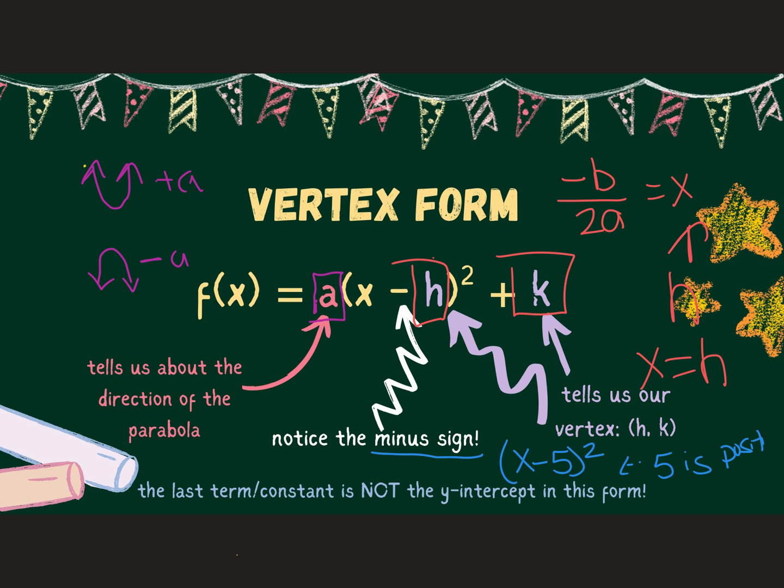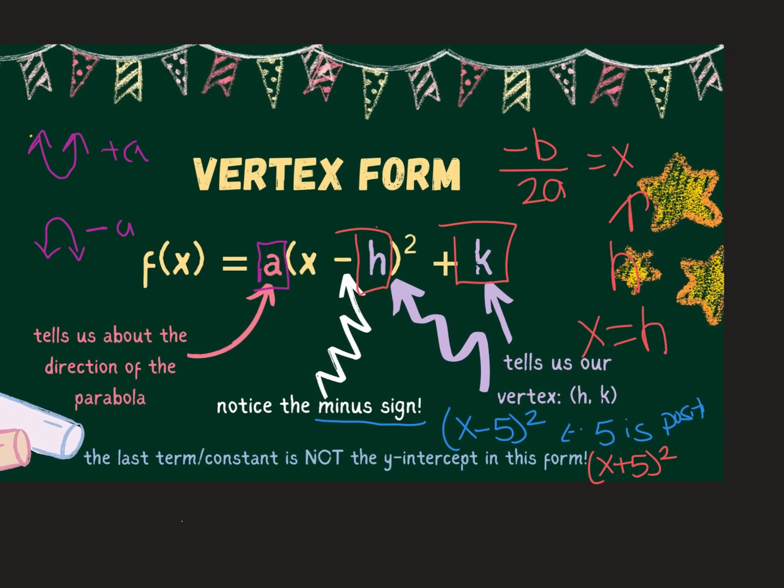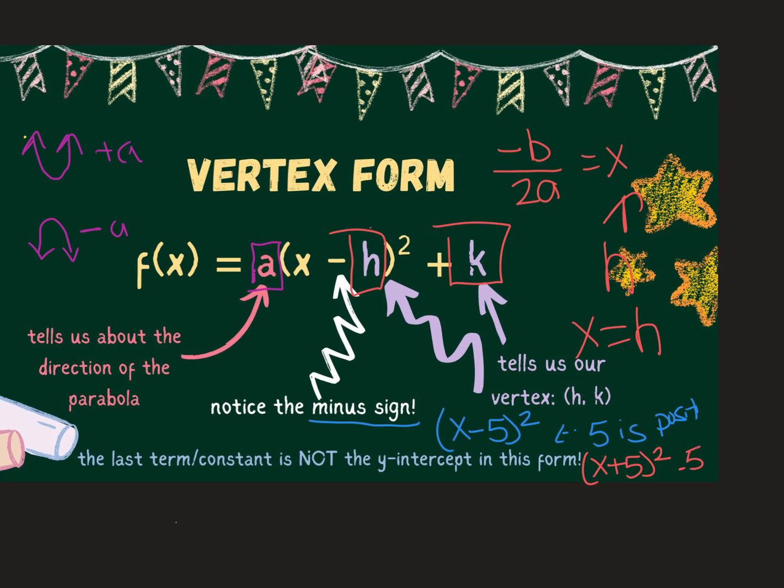If for some reason we were looking at a parabola with a vertex of, say, a negative 5, you may see it written this way. And think about it, why is that? Well, because if I have a minus sign as part of my equation, and then I have that negative 5, well, we know that two negatives make a positive.